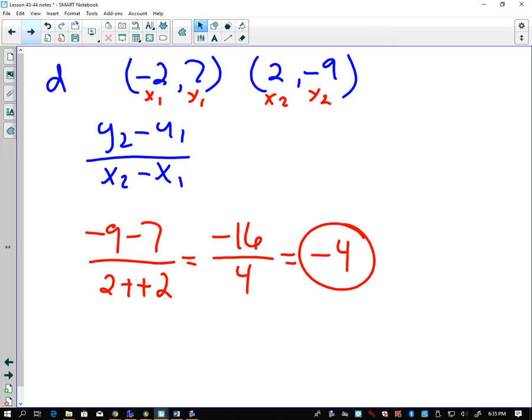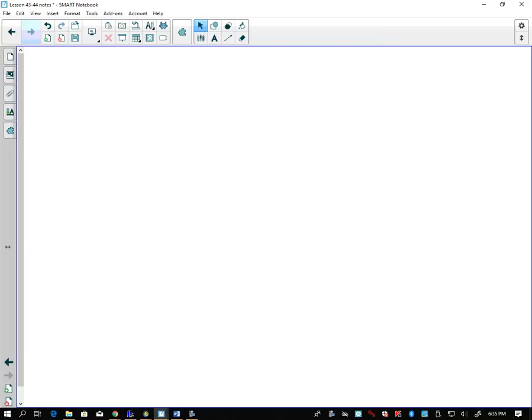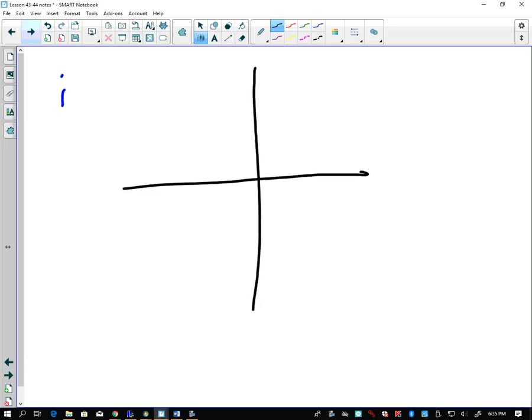Let's see. Let's go to something like maybe, oh, we can look at I. I gives you a graph. Looks like this. Okay, it gives you -4, 6 and -4, -4. And you can do the exact same formula, hopefully noticing that it is a vertical line.